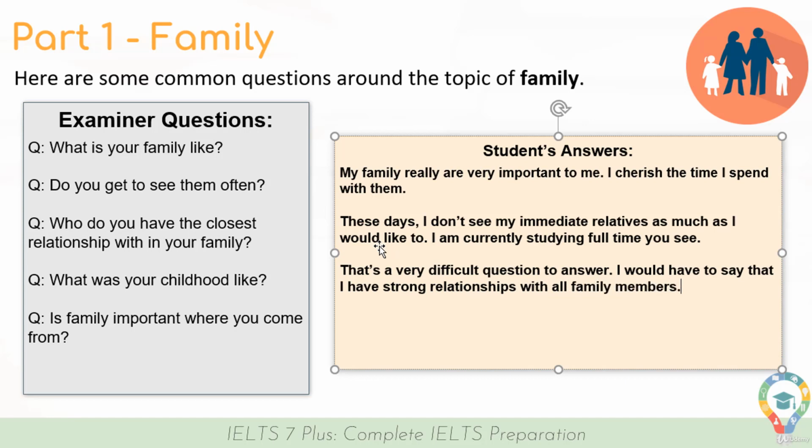So if you want to talk about specific people, you can say family members. Okay, question number 4, family and childhood. What was your childhood like? So this is obviously going to be in the past tense.